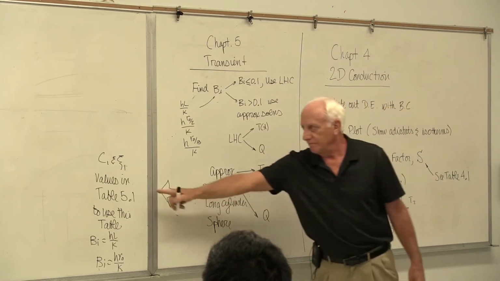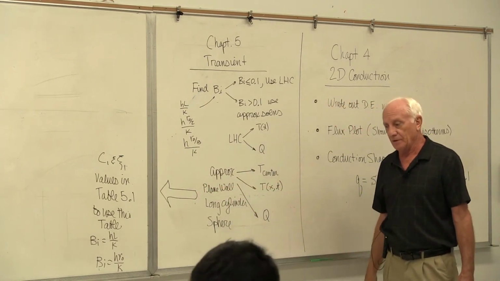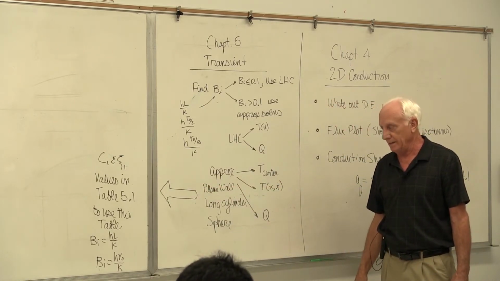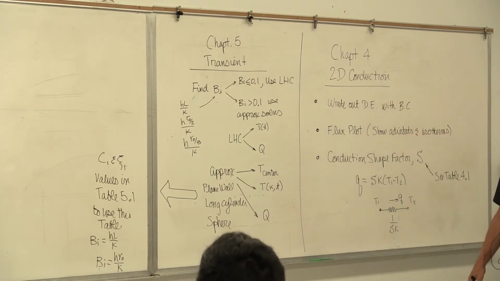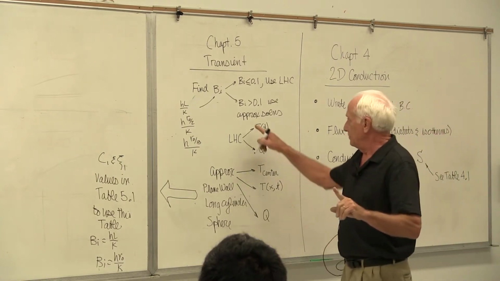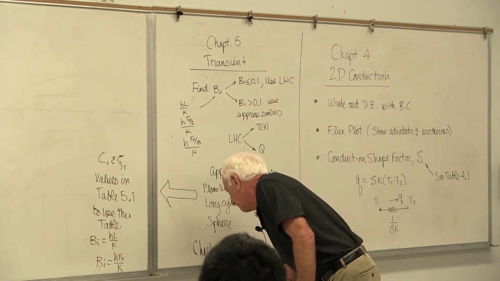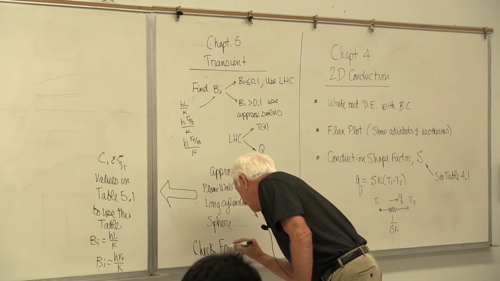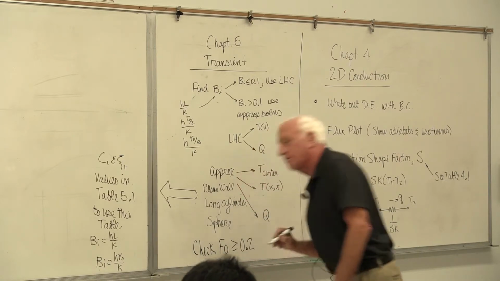Put those zetas and C1s in those equations and solve for the temperature anywhere at any time and the amount of heat transfer that's occurred. So it's fairly straightforward that way. It's organized that way. One other thing, use the approximate solutions. Somewhere you better check the Fourier number. And it better be greater than or equal to 0.2, or you cannot use the approximate solutions.